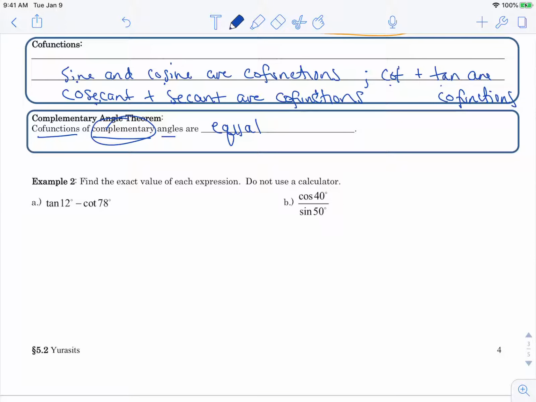So what I want us to look at here is 12 degrees and 78 degrees. Are they complementary? Are they 90 degrees? Well, 78 degrees plus 12 degrees does equal 90. Okay, so maybe we can use this information. The other thing I want to ask is, are they cofunctions?